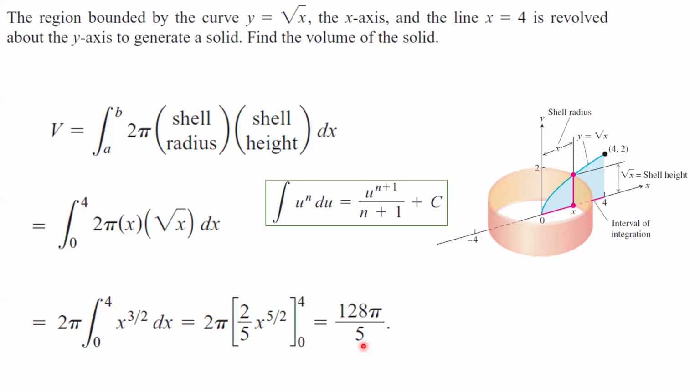So again, when you're asked to calculate the volume of an object rotated about the x-axis or rotated about the y-axis, you can go back and use different methods. We're introducing the cylindrical shell method because it makes the calculation easier for us.